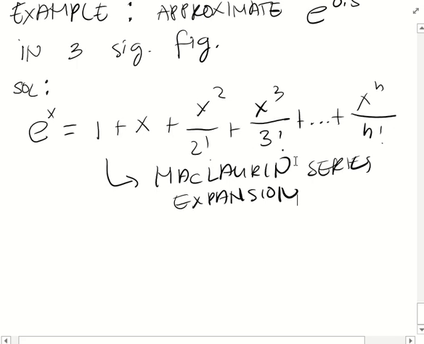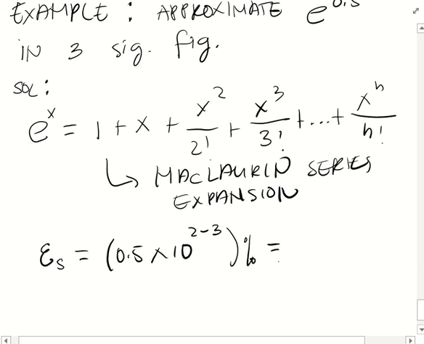So solution. To solve this one, first we solve for the stopping criterion. What will be our stopping criterion, or the pre-specified criterion, epsilon s? Again, our formula is 0.5 times 10 raised to 2 minus n. What is our n? Our n is 3, because it is 3 significant figures. So this will be 2 minus 3, and this will be in percent.